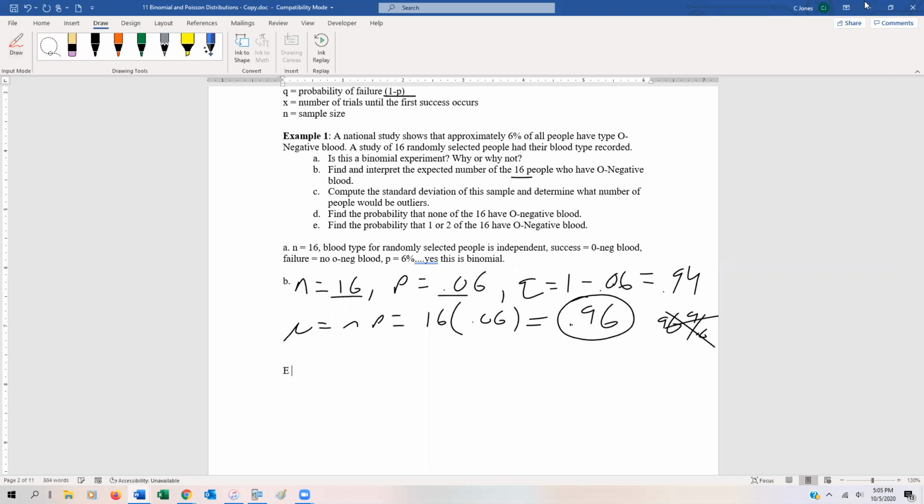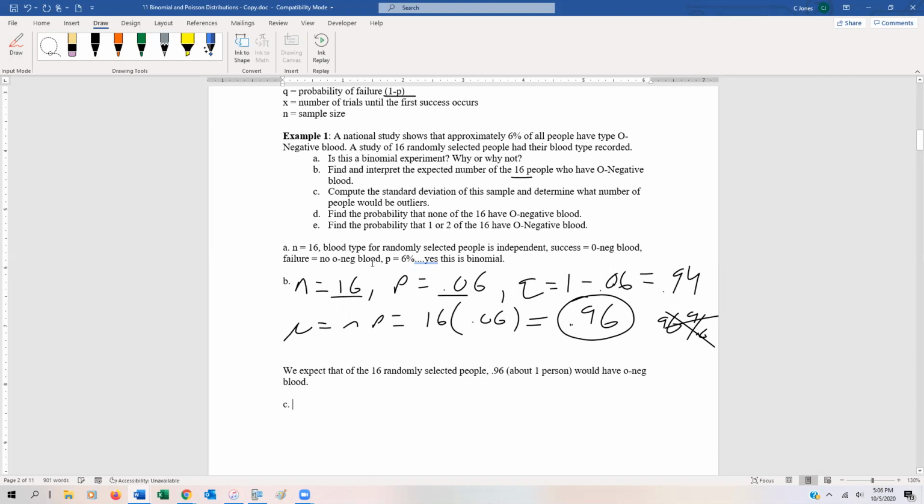What this means is that we expect that of the 16 randomly selected people, 0.96, or really about 1, would have O negative blood. All right, so again, the expected value is the number we expect to have. It's not a percentage.